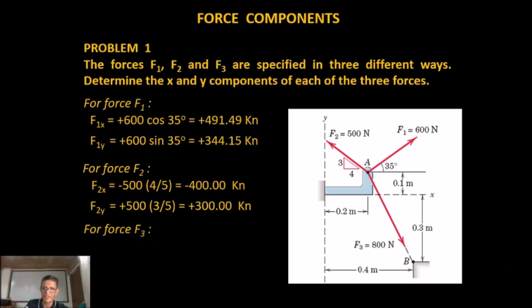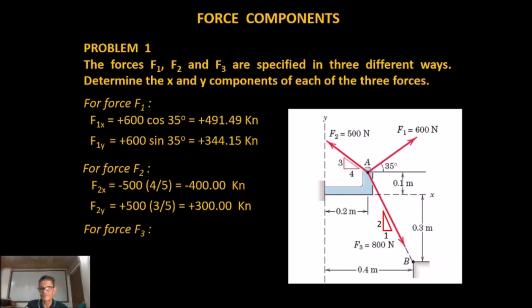So ngayon, tingnan na lang natin yung projection niya from A to B. So from A to B, x is equal to 0.4 minus 0.2, so that is 0.2. Then for y, we have 0.1 plus 0.3, that is equal to 0.4. So mangyayari, ang slope niya will be 1 to 2, or 2 is to 1. If that is 2 is to 1, the hypotenuse will be the square root of 5.